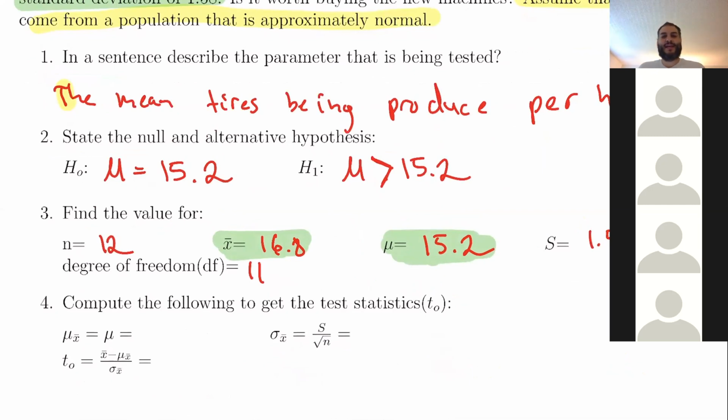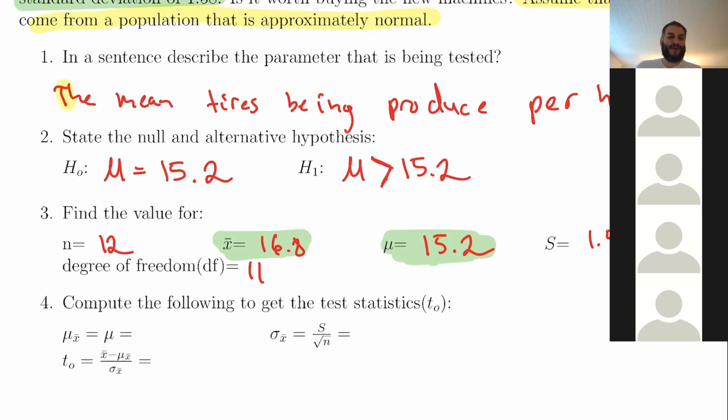So we want to see if that difference is significant enough to warrant buying this new machine. Because think about it, that's per hour. So if they're working 10 hours, that means it produces 16 more tires for those 10 hours. So it might be worth buying, but it might not be, depending on what the price is. So that's what we're going to be computing right now.